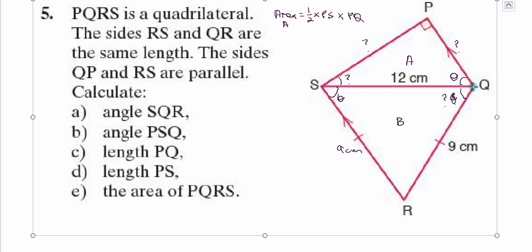Now, let's say this is isosceles, that means equal length. So let's drop a line vertically, the height from here, and that will equal 90 degrees. And then this will be split equally, so it becomes 6 cm here, 6 cm here.